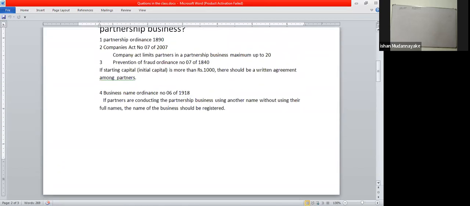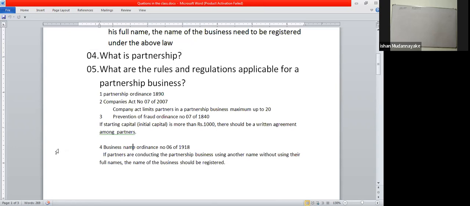These laws are highly critical, extremely important, because most of the time the examiner tests some of the laws and regulations relevant to partnership business organization. Therefore, question number 5 is extremely important.